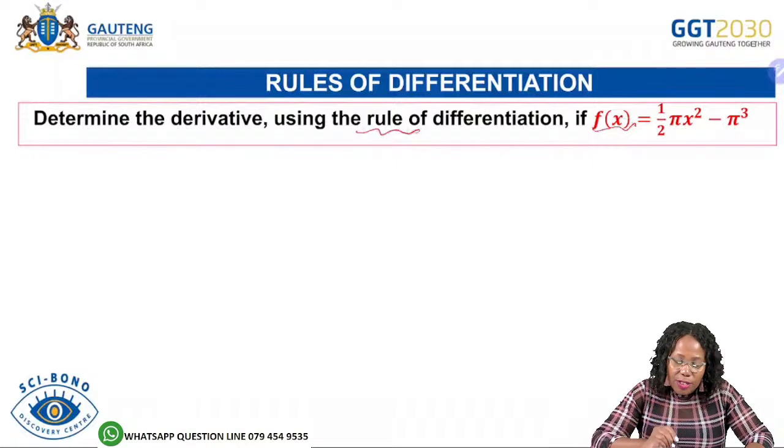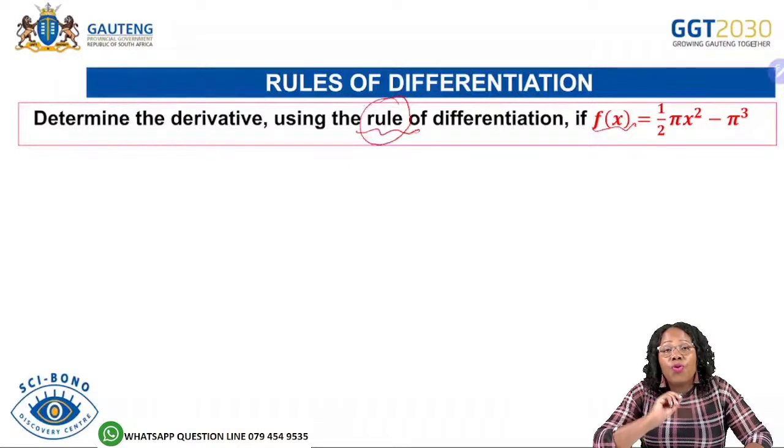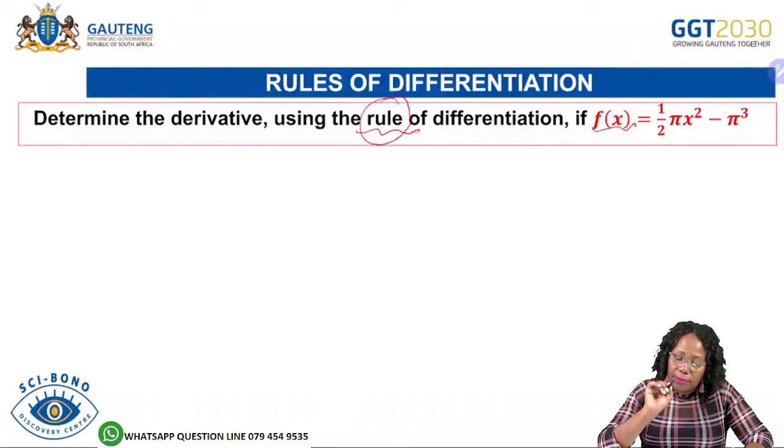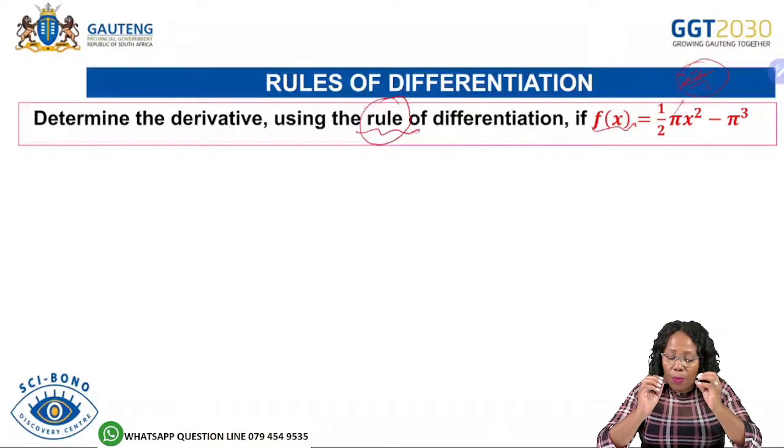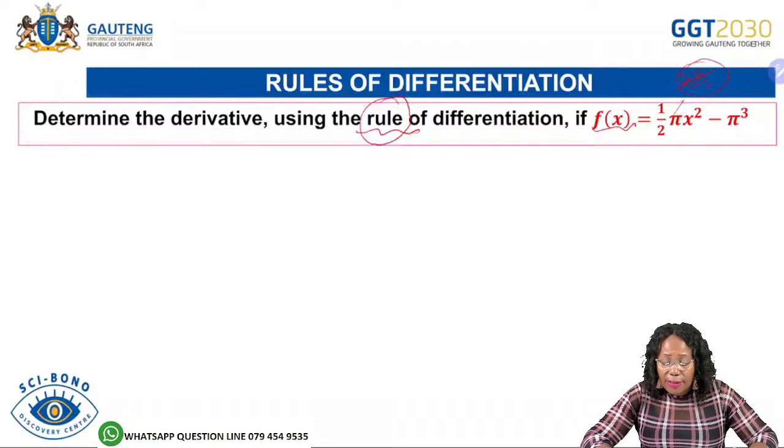Okay, let's look at our problem now. Remember, do not forget you are using the rules. No first principle, right? And number 2, remember that pi is a constant, it's a value, it's a number, it's 22 over 7. Do not substitute, work with it as it is in the notation of pi.